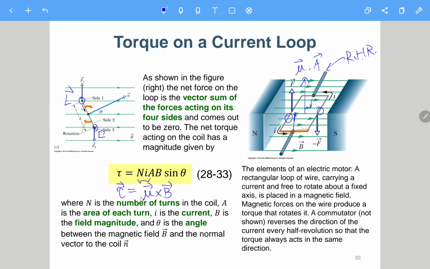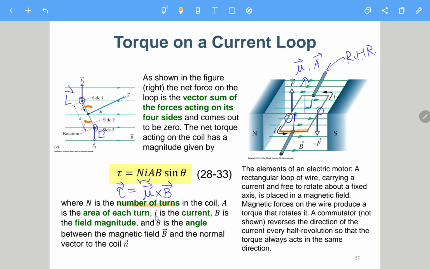N is the number of turns. In these two or three chapters, you need to distinguish between capital N and small n. We usually use capital N for the number of turns, and small n for the number of turns per unit length.